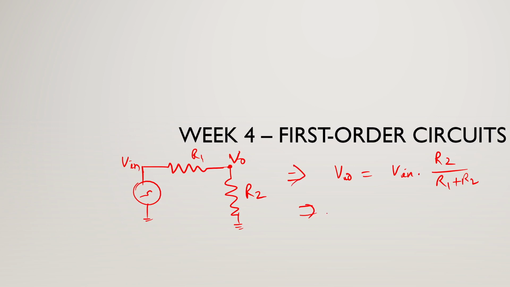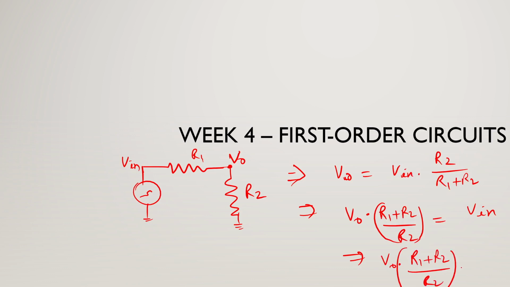So it can be rewritten in this form: VO times (R1 plus R2) divided by R2 is equal to Vin. Or in other words, VO times (R1 plus R2) divided by R2 minus Vin is equal to 0.